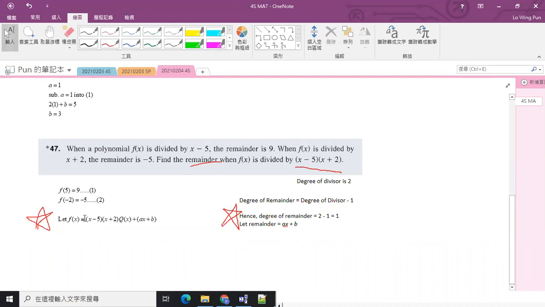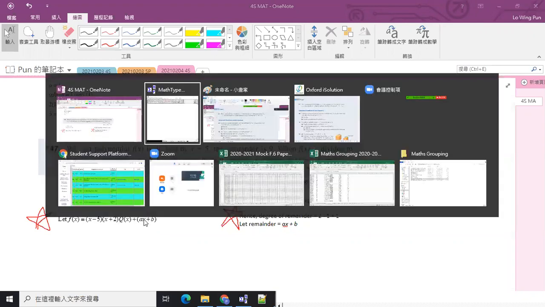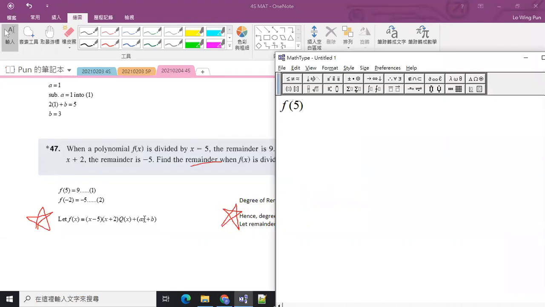Okay, so equation 1 is about f5. We can calculate f5 now because we have the formula of fx, although we have the unknowns. f5 is calculated by 5 minus 5 times 5 plus 2 times q5 plus 8 times 5 plus b.